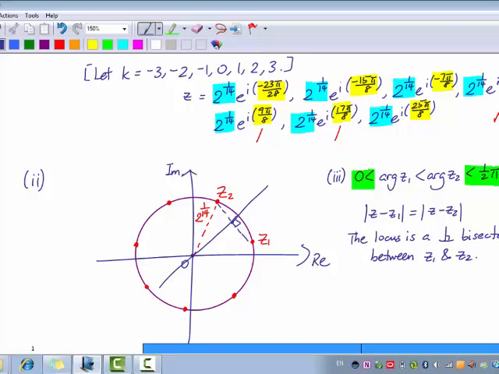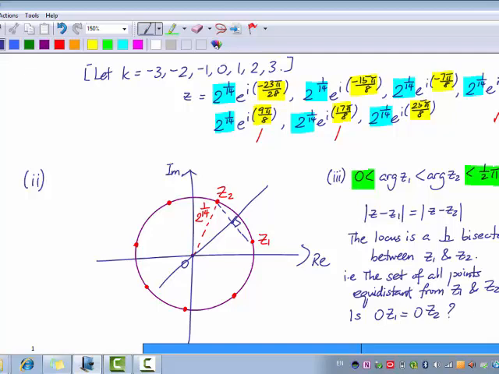Well, it comes down to what is our understanding of a perpendicular bisector. A perpendicular bisector between Z1 and Z2 is really the set of all points that are equidistant from Z1 and Z2. So the million-dollar question is, is OZ1 equal to OZ2?